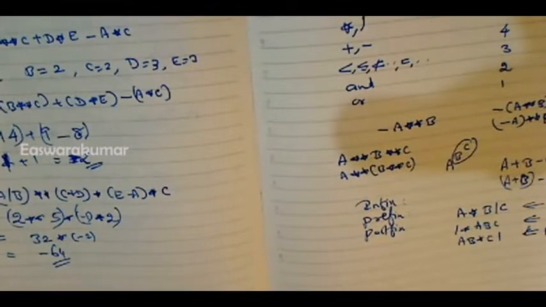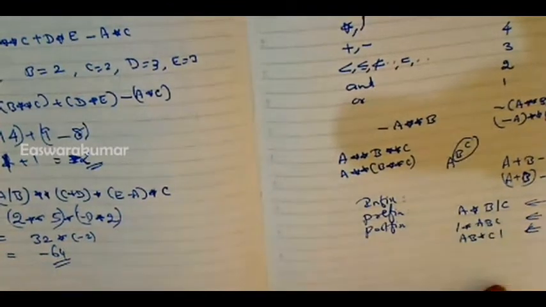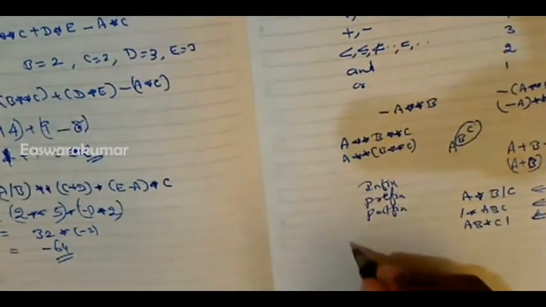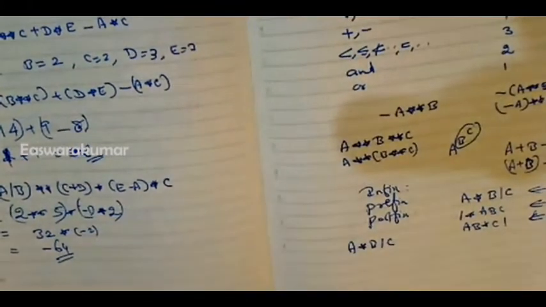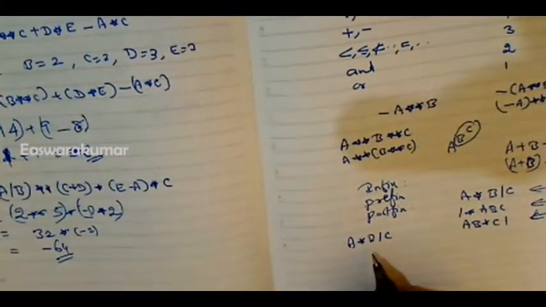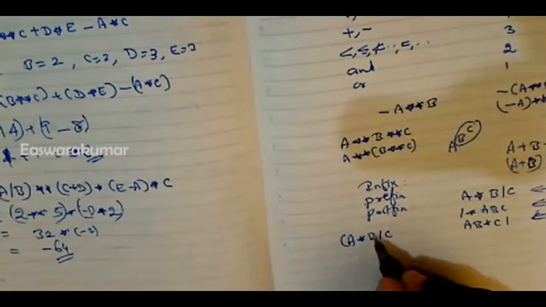Before that, the doubt in your mind is how we get these things. This is very simple. Take this expression, A star B divided by C. Here these two operators have the same priority, priority number 5, and the evaluation is from left to right.